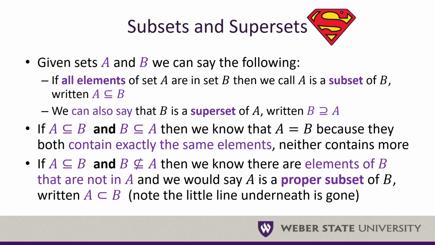When we say proper, we use the subset symbol without a line underneath it, to indicate not only is this a subset, it is a proper subset in that there are things in the thing on the right that are not in the thing on the left here. So if we take the little equal sign off, then that changes the meaning a little bit, just like it would with less than or greater than.